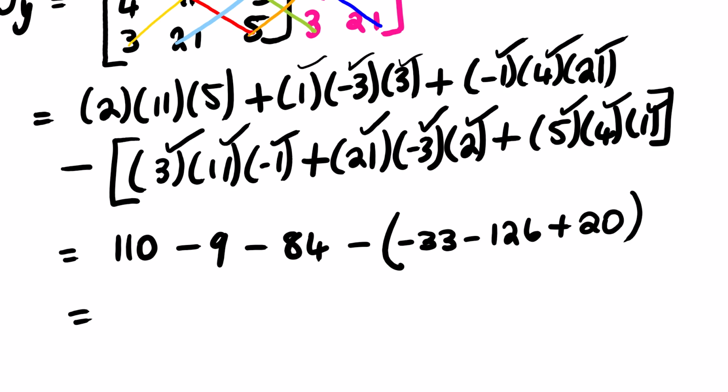The answer will give us 17. Negative 33 minus 112 plus 20. The answer is negative 139.